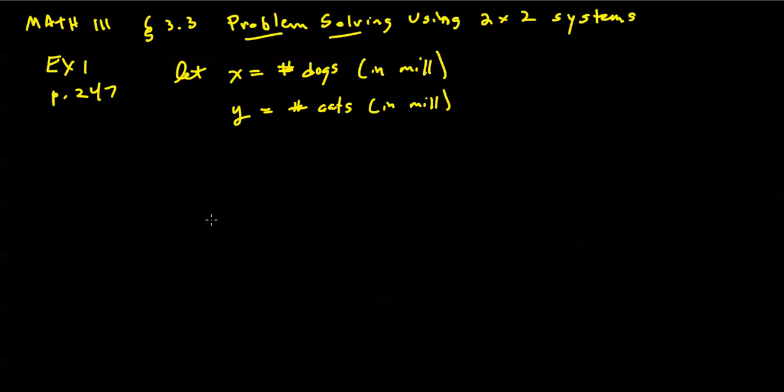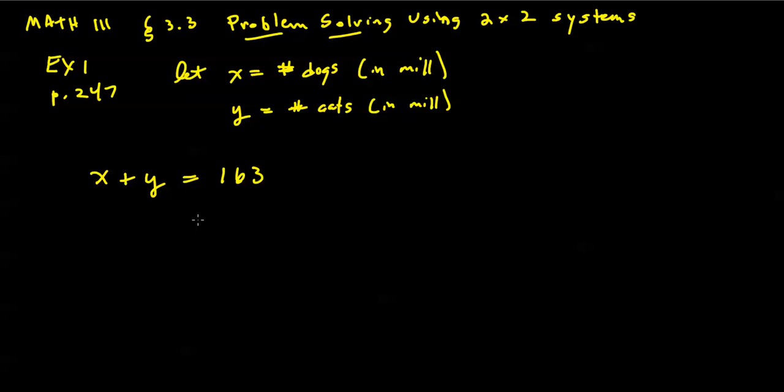Alright, well, the idea here is to squeeze two equations with two unknowns out of this given information. And the first equation we might grab out of this is pretty simple. If there's 163 million dogs and cats owned in the United States, well, that of course implies that the number of dogs plus the number of cats equals 163, of course, in millions. Okay?